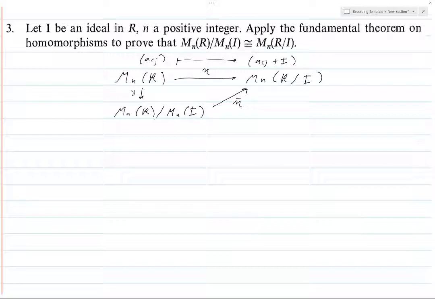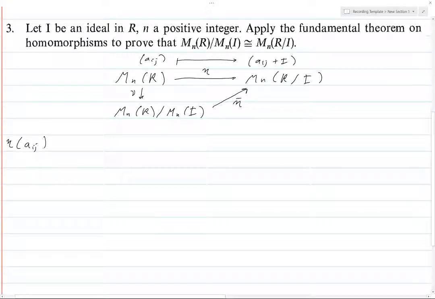Eta of the matrix, when I write a_ij here, it's going to be referring to a matrix unless I specifically say otherwise. So I just write this instead of doing eta of the matrix a_ij, because then you have to have a lot of parentheses. I don't want to do that.